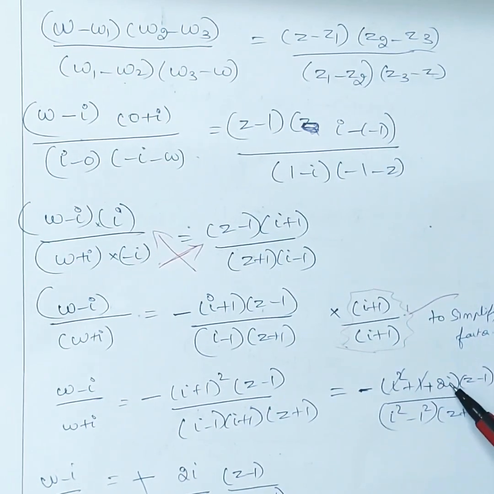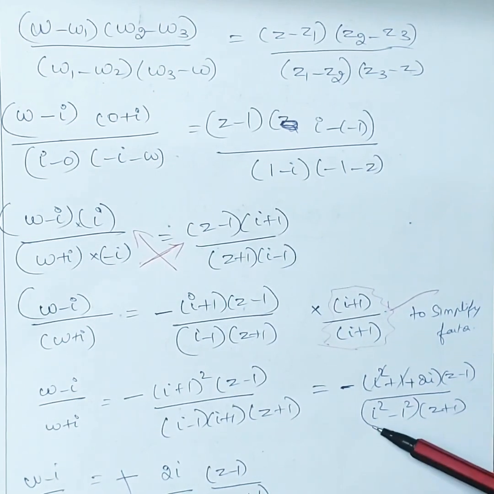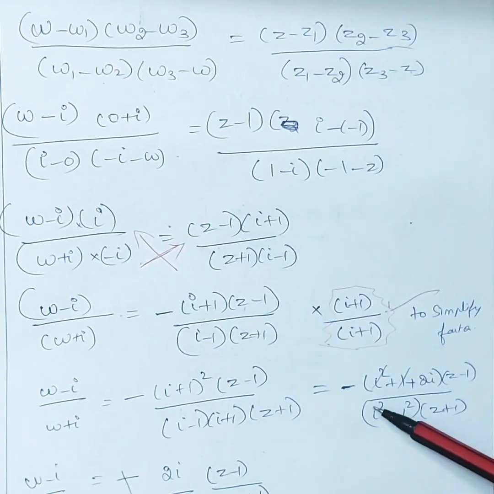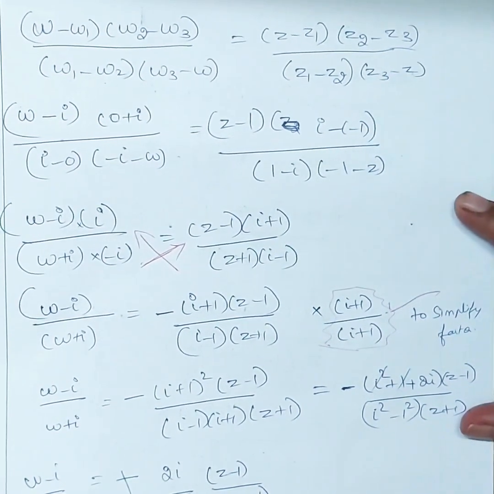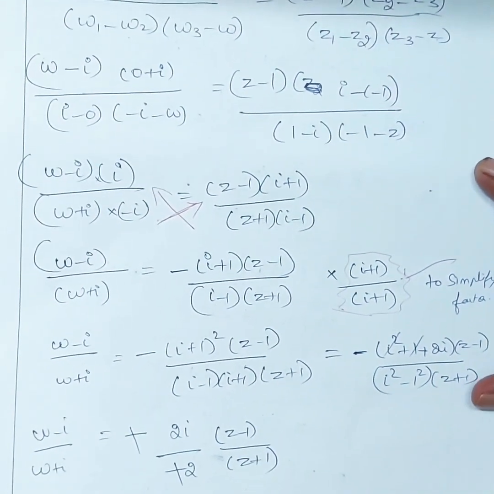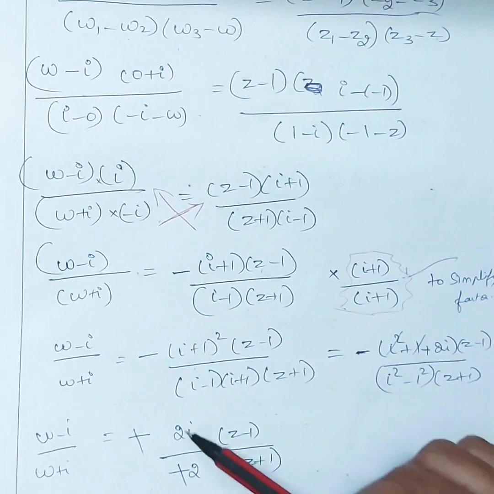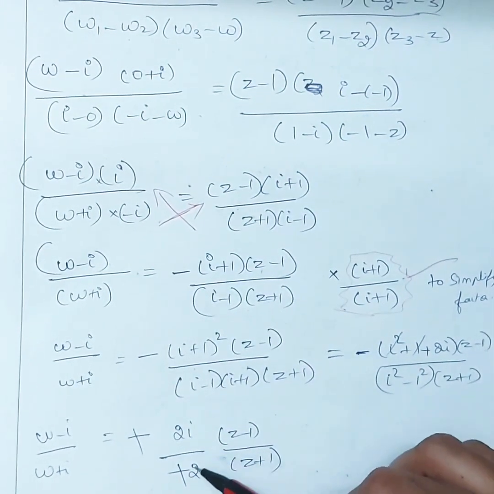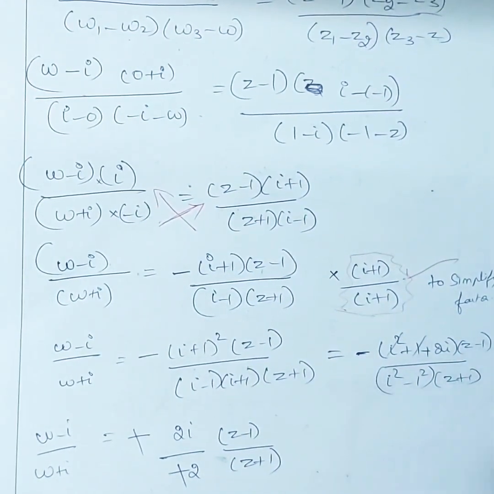Plus 2ab, 2i. The leftover term is Z minus 1 divided by (a plus b)(a minus b), that is a square minus b square. So the denominator will become minus 2. The numerator is minus 2i, the denominator is minus 2. The 2 will get cancelled, and you will have Z minus 1 by Z plus 1.